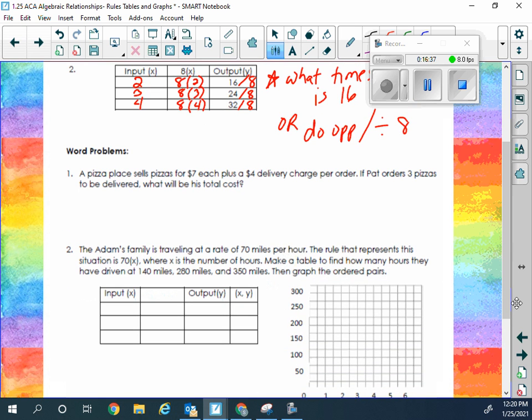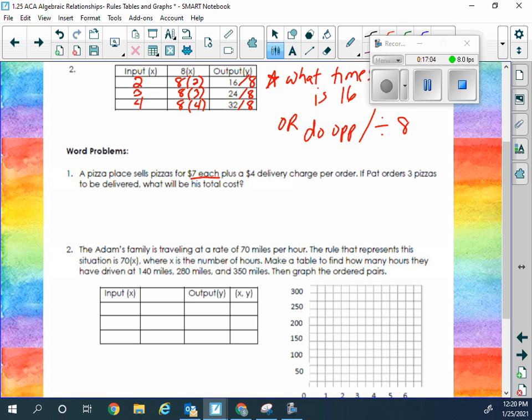A pizza place sells pizzas for $7 each plus a $4 delivery charge per order. If Pat orders 3 pizzas to be delivered, what will be his total cost? Okay, so let's just take it step by step. A pizza place sells pizza for $7 each. Right there, what does that sound like?